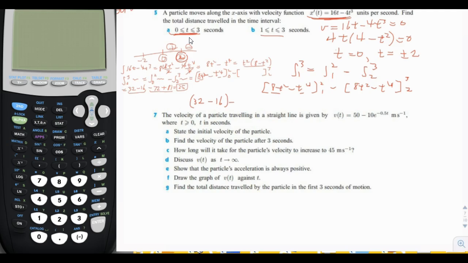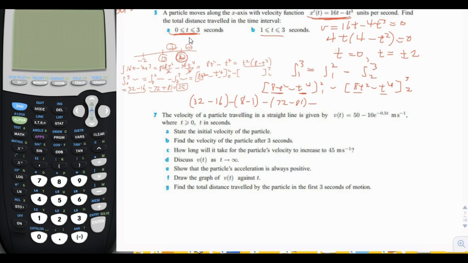And then if you put 1 in for that, you get 8. And if you put 1 in for this, you get minus 1. What about if you put 3 in for that? You get 72. And if you put 3 in that, you get 81.